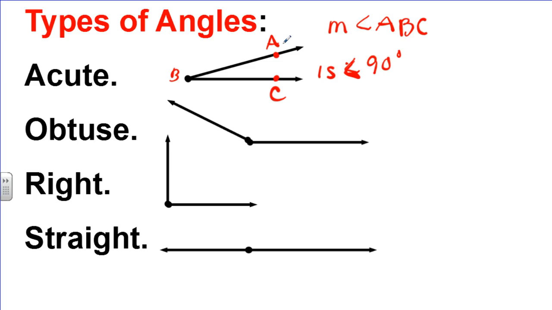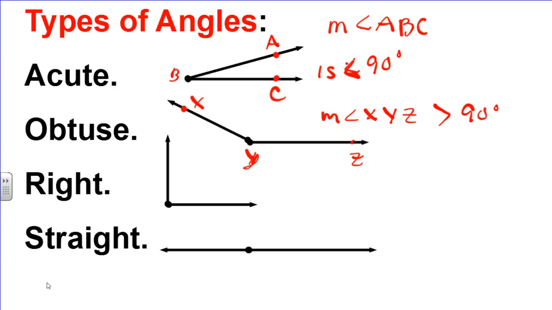Okay? An obtuse angle, if you had obtuse angle XYZ, you would say the measurement of angle XYZ is greater than 90 degrees. It is actually, by definition, between 90 degrees and 180. So maybe that's something that you want to say.